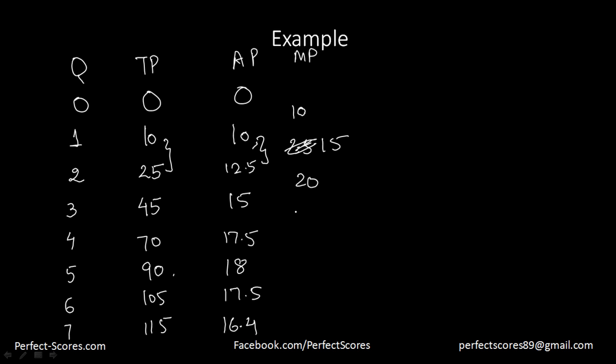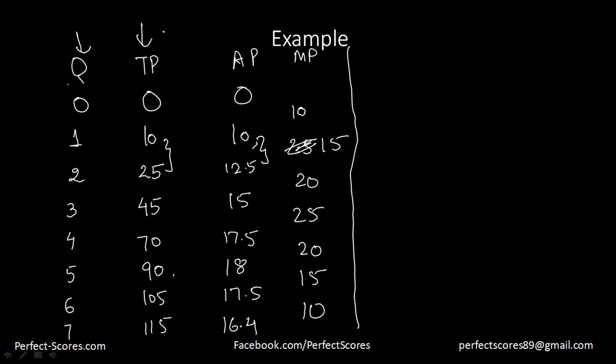Then you have 45 to 70, which is 25, then 70 to 90, it's 20, then 90 to 105, it's 15, and 105 to 115, it's 10. So I suppose this table is pretty clear to you. What I did was I just assumed the total product numbers and derived the others from them. I suppose you're understanding this.